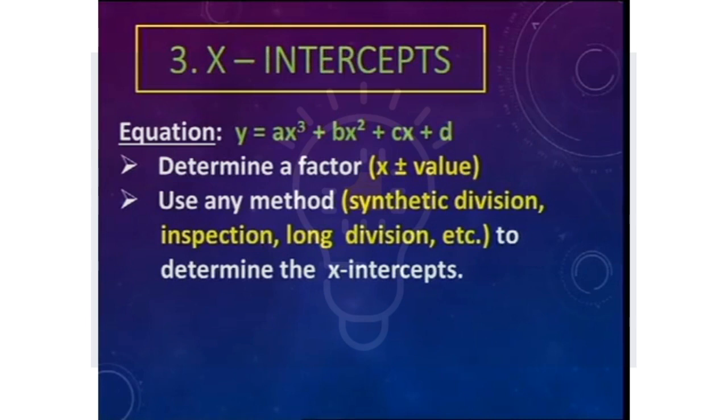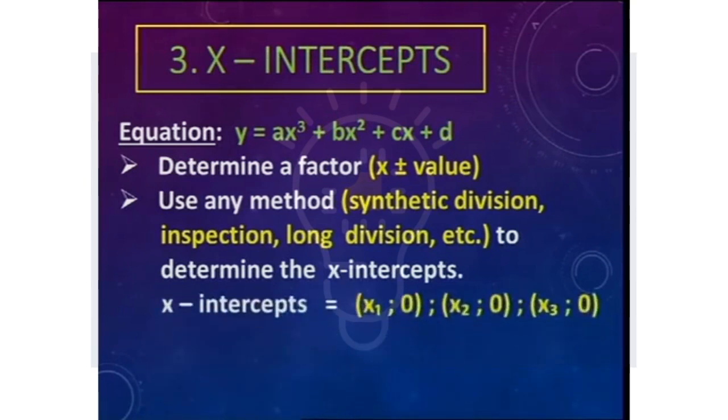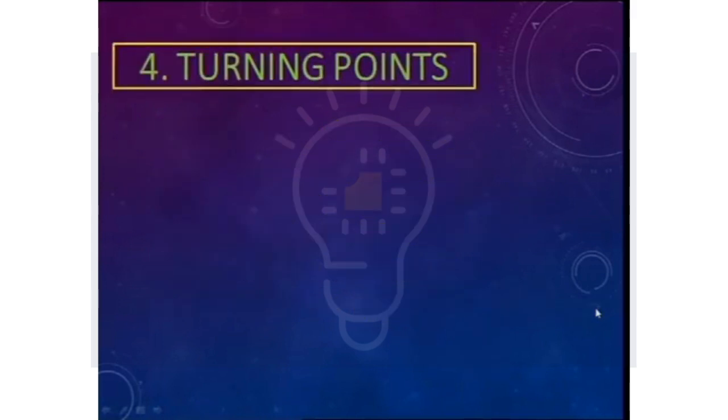Any method that's suitable for you. And then you determine your x-intercepts. Your end product is that you should have x1, x2, and x3. And you know, of course, there are times when two of these will be exactly the same. Because it's a third degree graph, we need to have 3 x values.